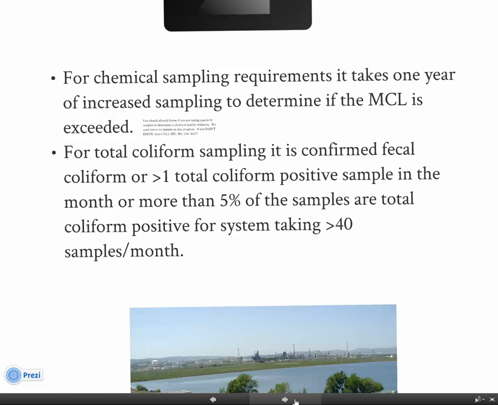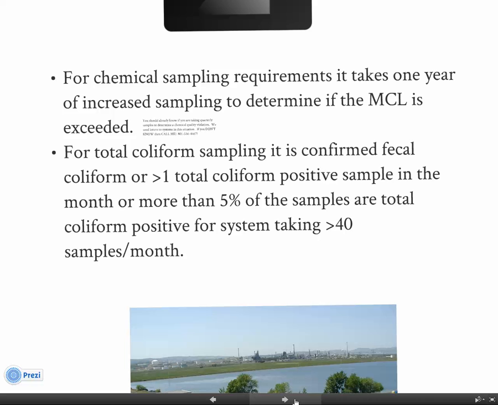One is at least total coliform positive, the other one is at least fecal or E. coli positive. That means that you've confirmed with follow-up sampling at a second point in time that the initial coliform or fecal E. coli sample was indeed accurate, and that results in you having 24 hours to notify the public and you're doing a boil order.